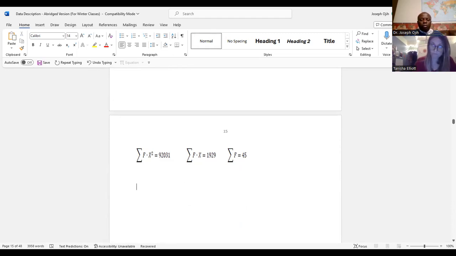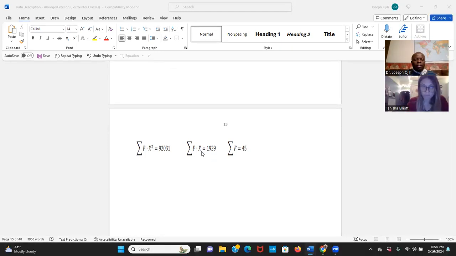So to find the variance and standard deviation, let me write these numbers down so I can just type them in when I put the formula in. I have the variance written down here already.